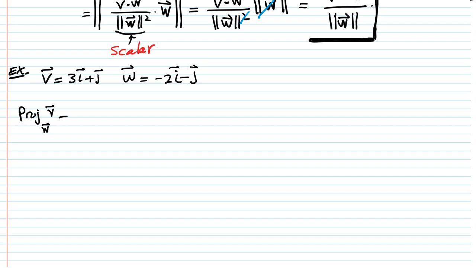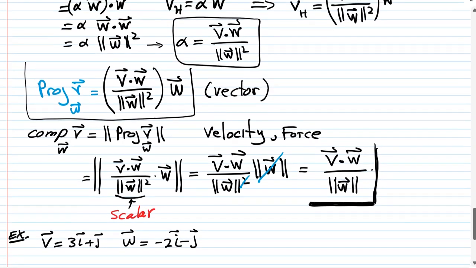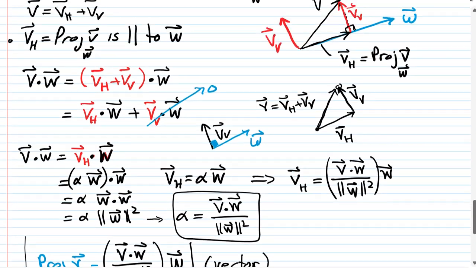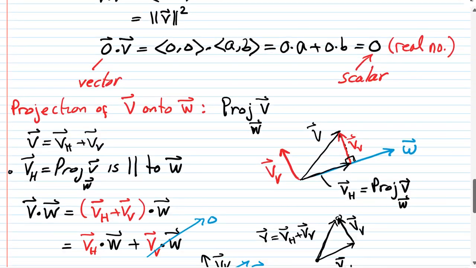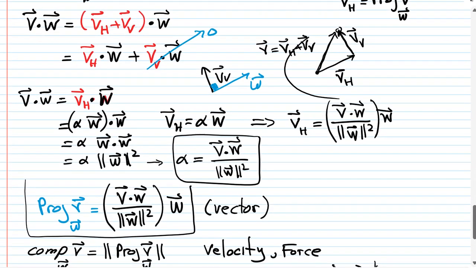Oh, and by the way, in your book, this is important. I use vh and vv, because that makes sense to me: horizontal I call h, and vertical I call v. Your book actually calls these v1, v2.